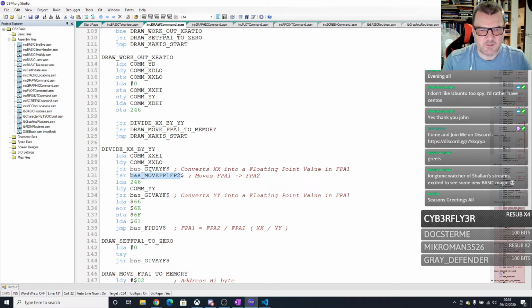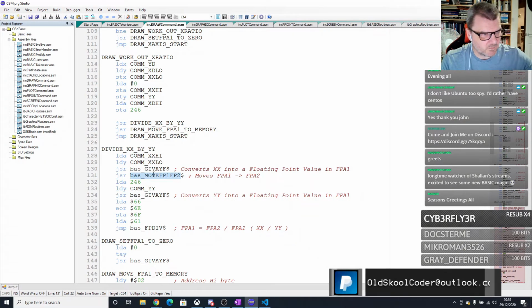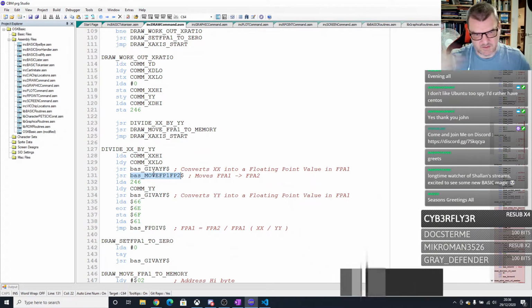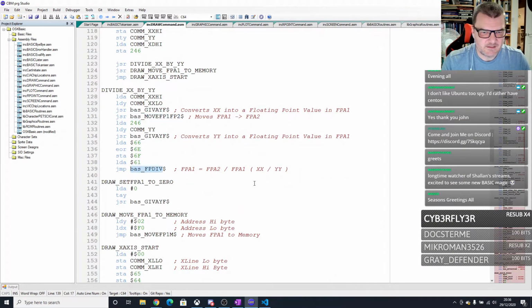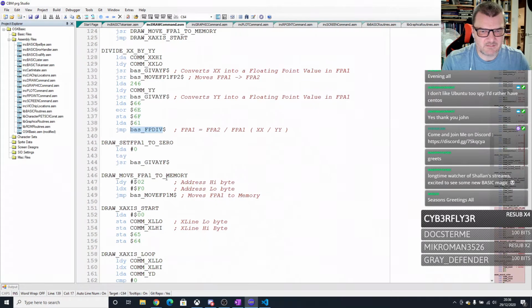Here, we're using the floating point accumulators of BASIC, both 1 and 2. So we have to convert to a floating point and then convert back to an integer. We have to move a floating point to memory and then move it back. We do the divide in BASIC.